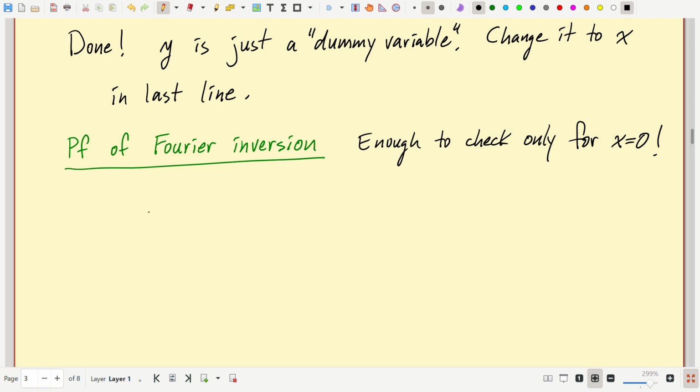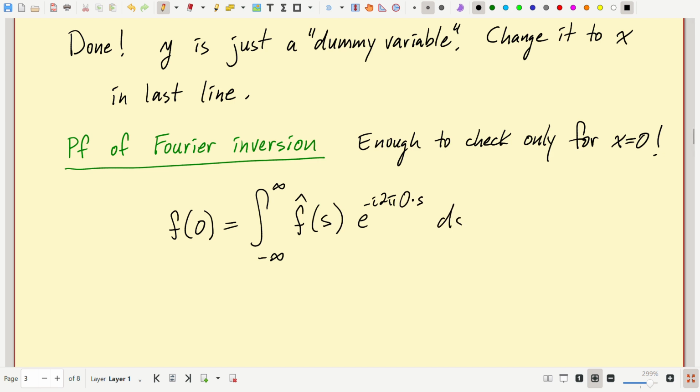Let's see. Let's think, what does that say? The Fourier inversion would be saying f of 0 equals the integral from minus infinity to infinity of f hat of s times e to the minus i 2 pi 0 times s, which of course is 1.